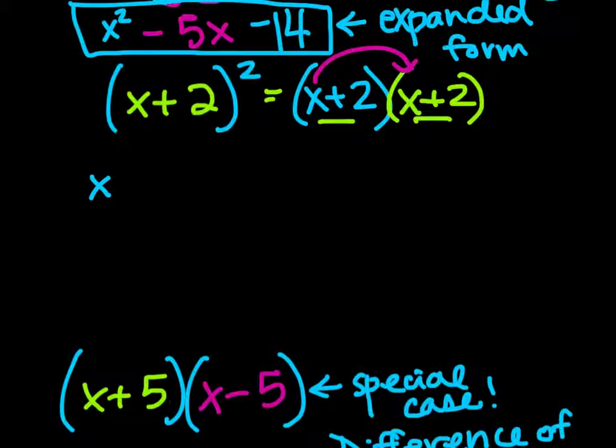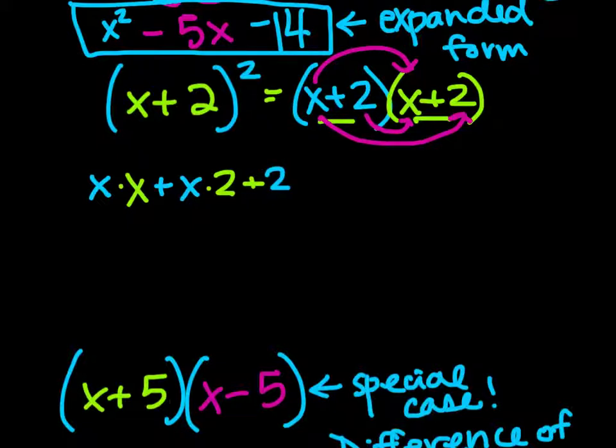So we have x times x. We then multiply our outside terms next. So we get plus x times 2. Then we multiply our inside terms. So we get, again, plus 2 times x. And then we multiply our last terms, or plus 2 times 2.